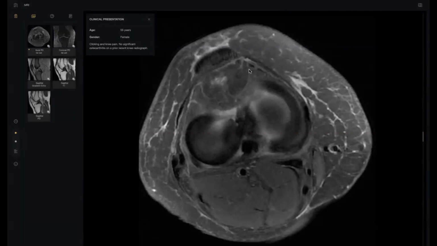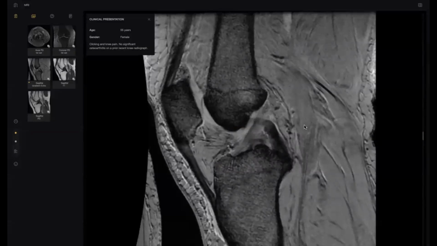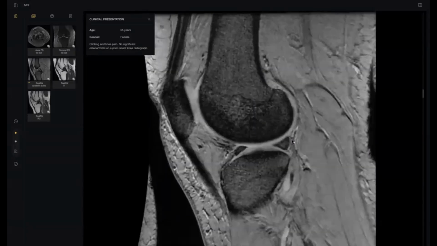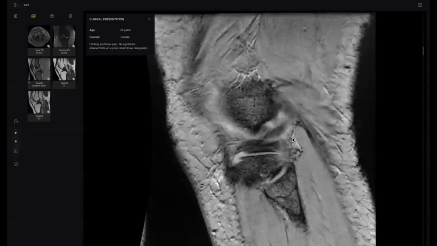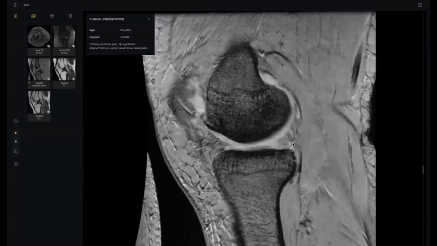Sir, this lateral view? We didn't have lateral view. Sagittal, sorry. Sagittal, okay. Yeah, go on. Mucoid degeneration of the lateral meniscus is seen.